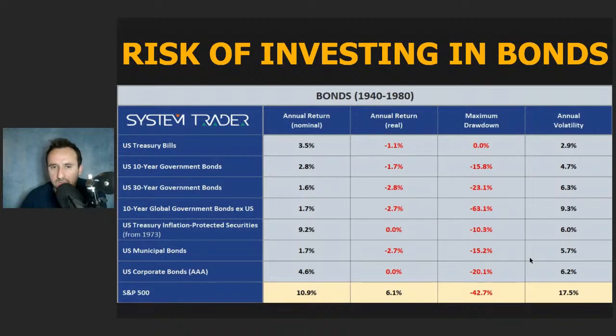So, by the way, the great hedge against inflation in the long term is equities. And for example, in that period between 1940 and 1980, where the bonds were giving very poor results, the S&P 500 index in real terms was giving 6.1% per year. So 6% above inflation each year on average.